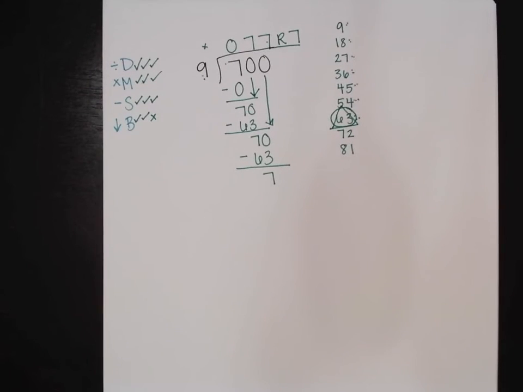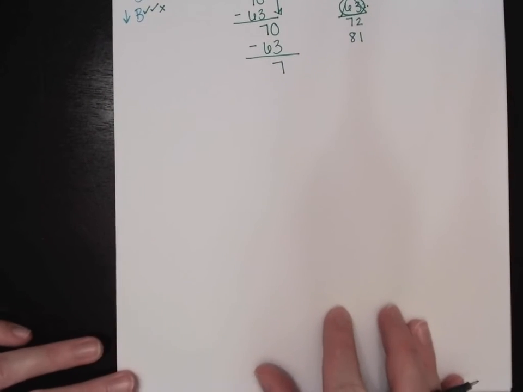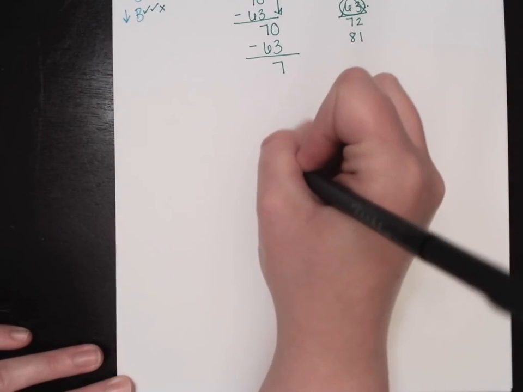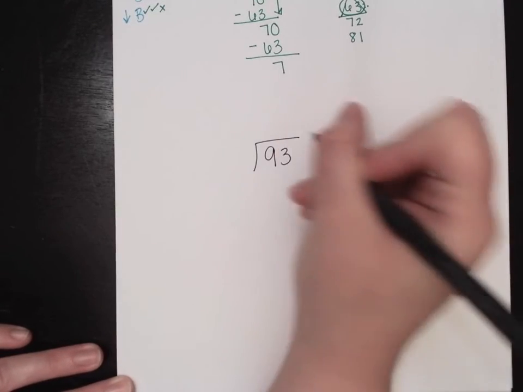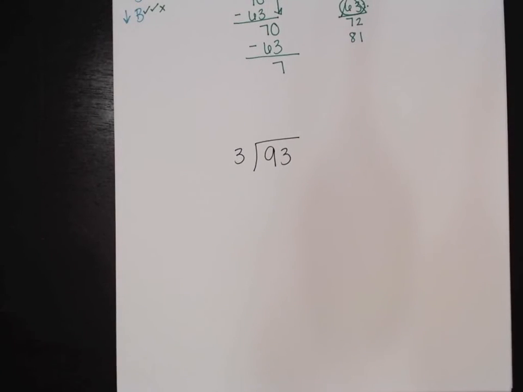Let's do one more. We'll do a shorter one. Now we're going to do 93 divided by 3. So just like last time, you want to put your DMSB on the left side.